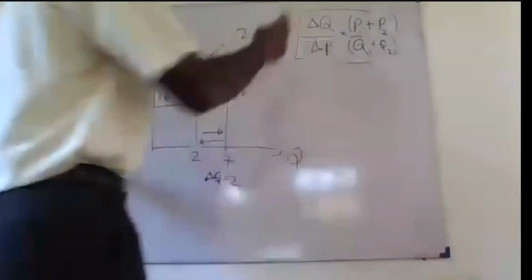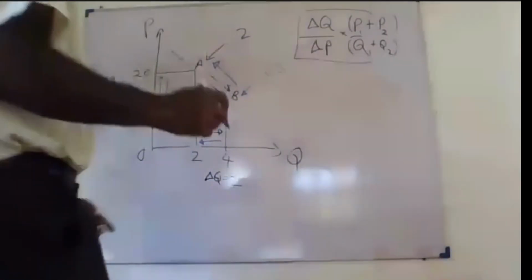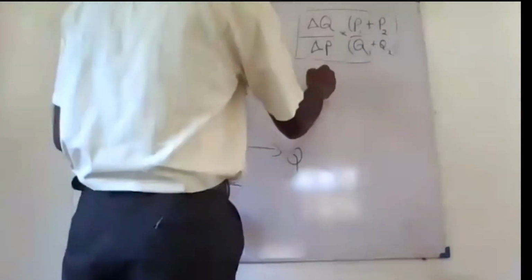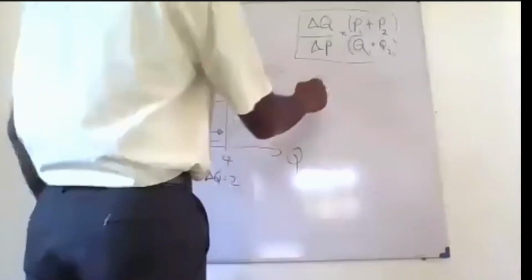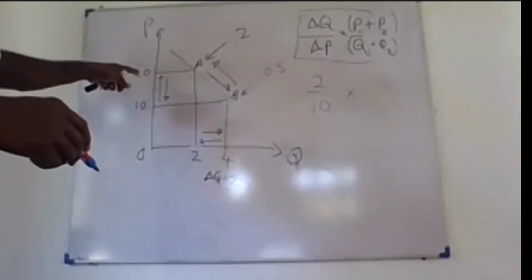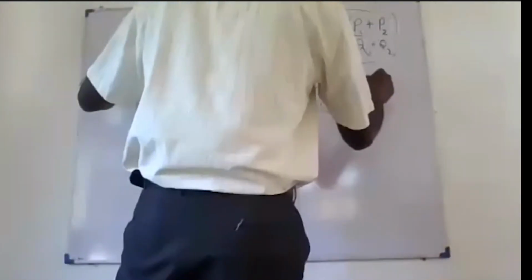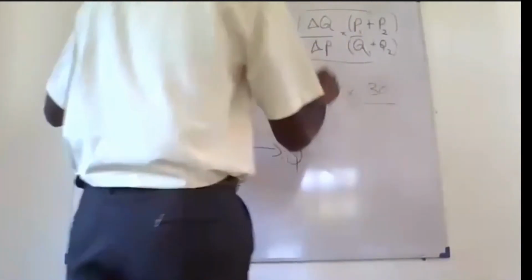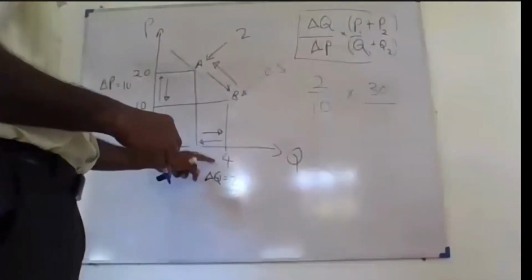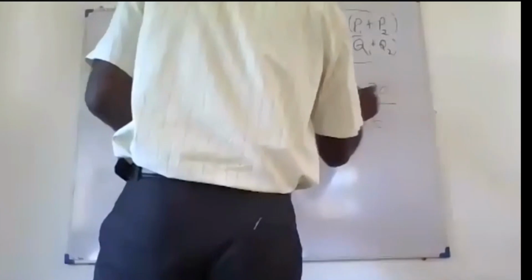You can calculate the value. What is the value? Delta Q by delta P, we have the same 2 divided by 10 multiplied by P1 plus P2, that is 20 plus 10, that is 30, divided by Q1 plus Q2, that is 6. Right. So what is the value there?